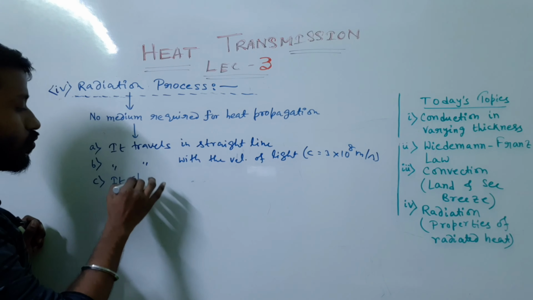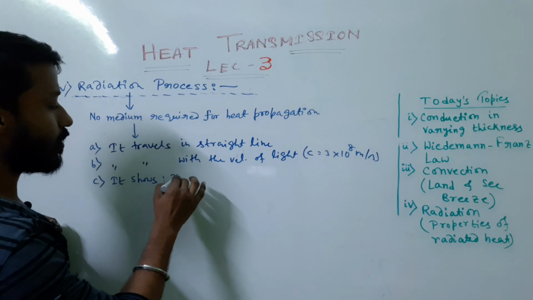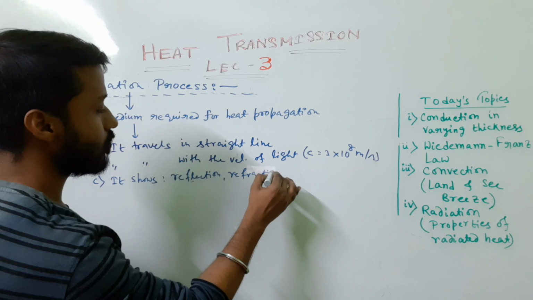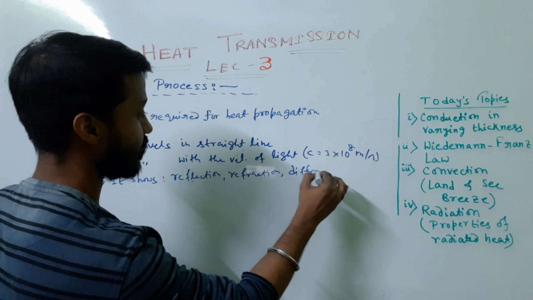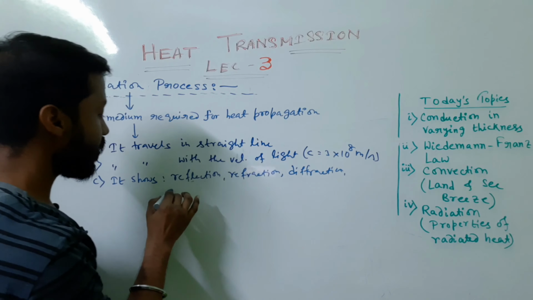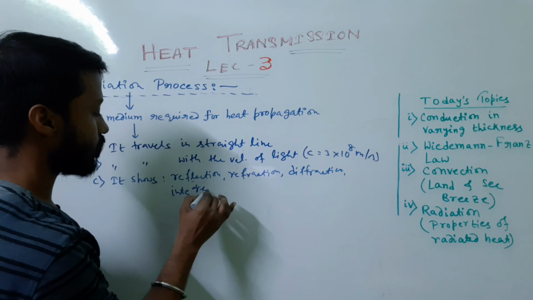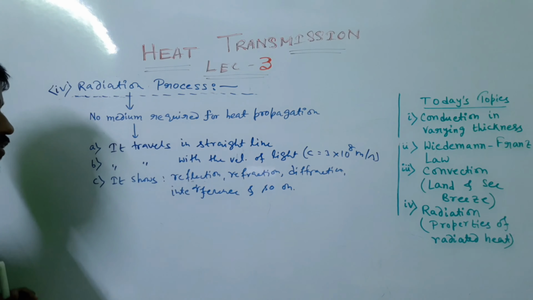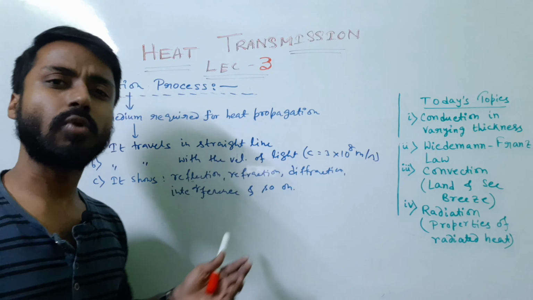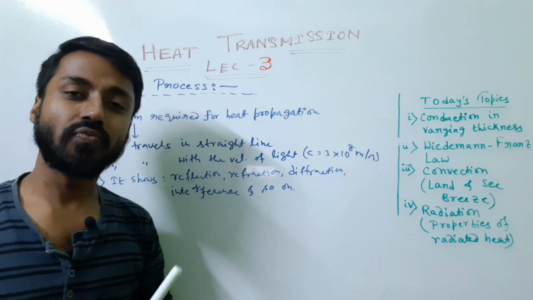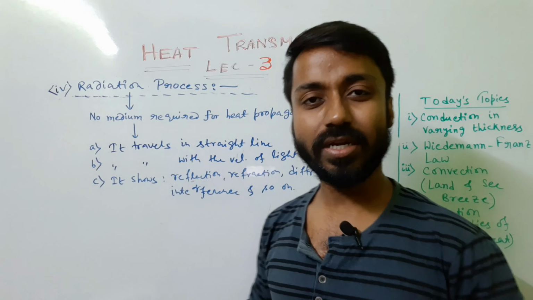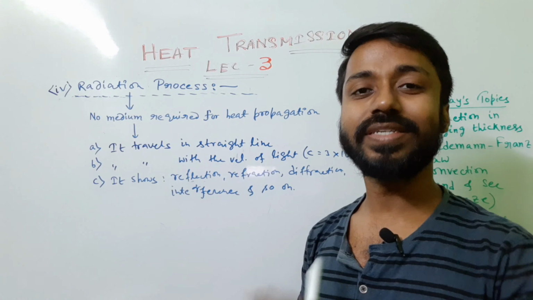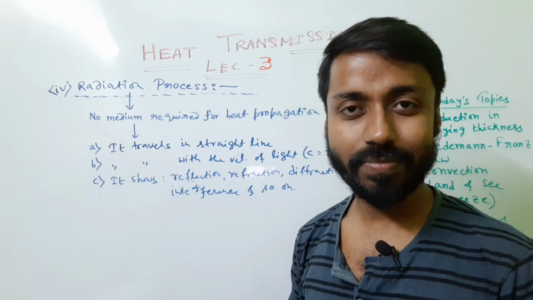It shows several phenomena like reflection, refraction, diffraction, interference, and so on. So these properties are also the properties of light, right? So from this we can conclude that light and radiated heat are simply the same, right?